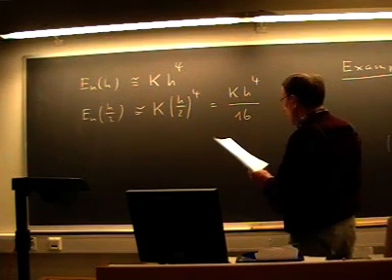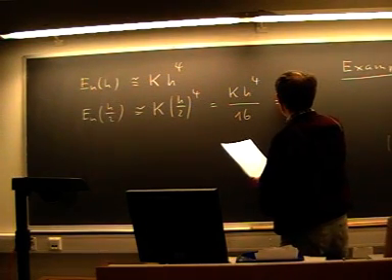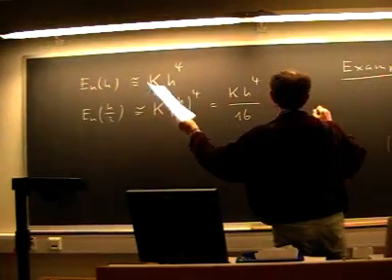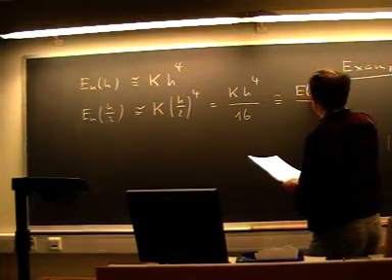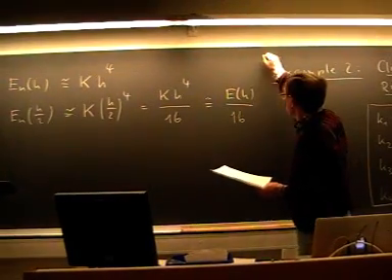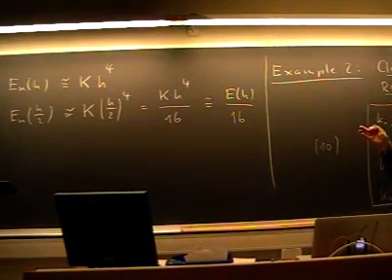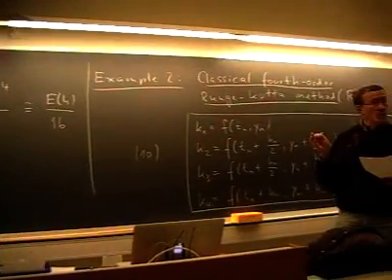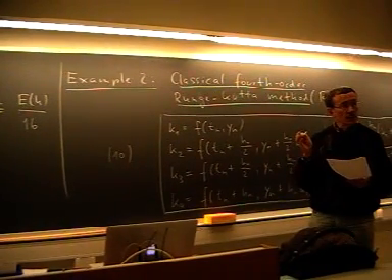So this is then essentially equal to the error that we had with time step h divided by 16. So that means the global error is reduced by a factor of 16.